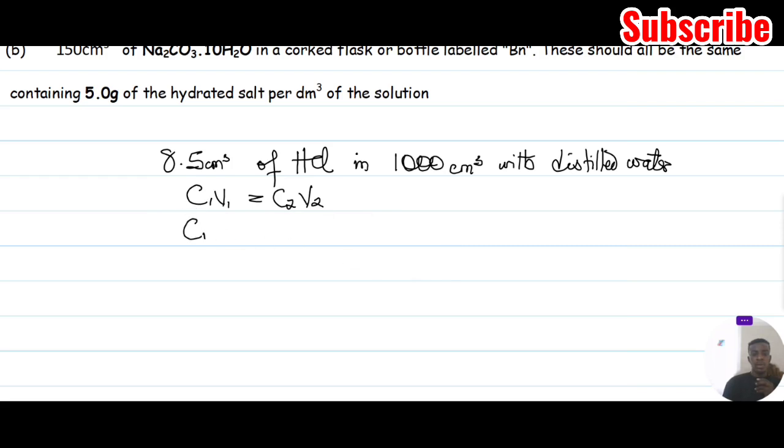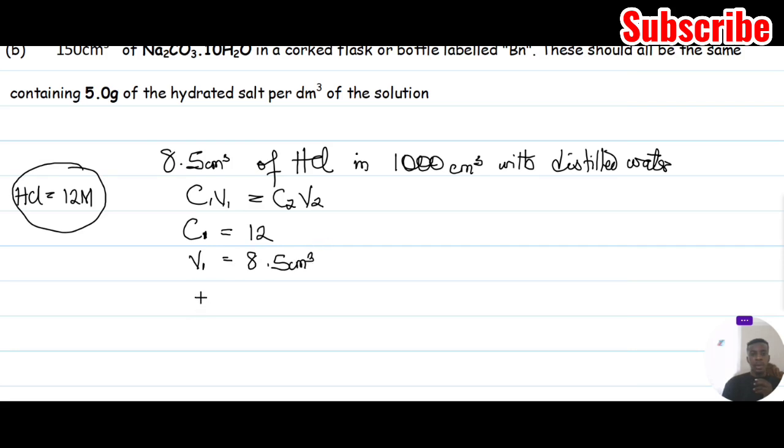Your C1 is your initial concentration. Every stock solution of HCl comes with an initial concentration of 12 mole. Take note of that. Our C1 is 12, while V1 is your initial volume, the volume you measured from the stock solution, which is 8.5 cm cube.